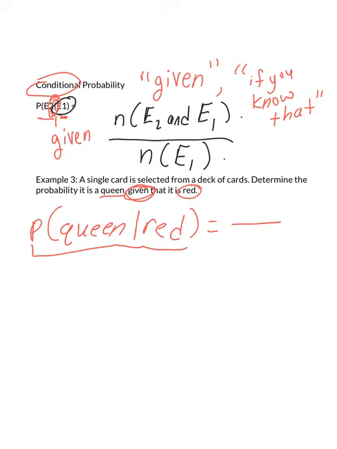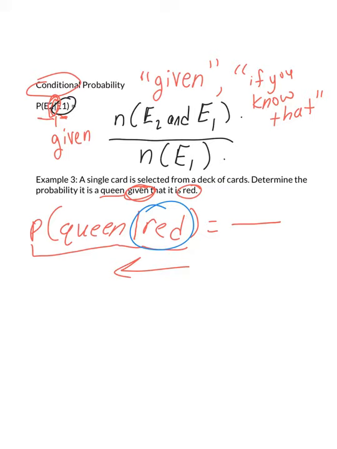Why not? Well, I'm going to work backwards every time I have conditional probability to explain why. So if I'm working backwards, after the phrase "given that" tells me what I'm guaranteed. So I'm guaranteed, in this case, red cards. So if I'm only given the red cards from a deck of cards, I do not have all 52 cards in front of me.